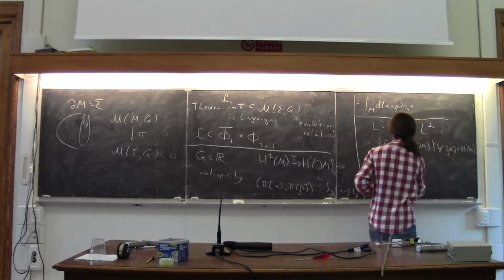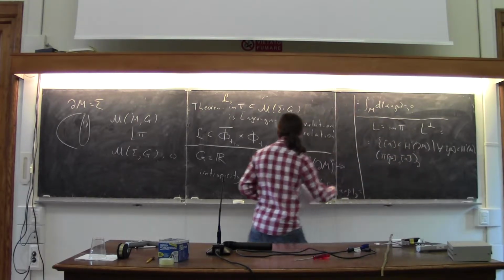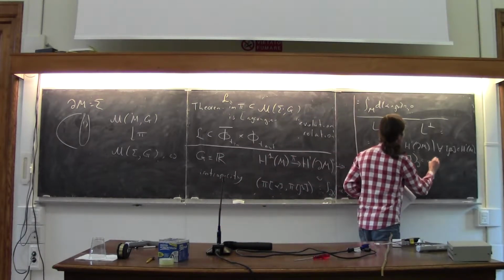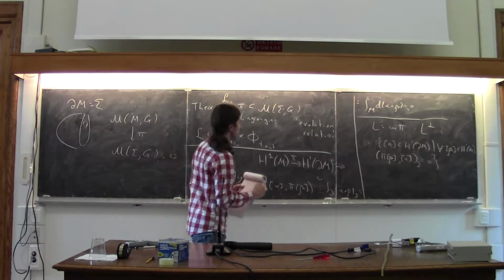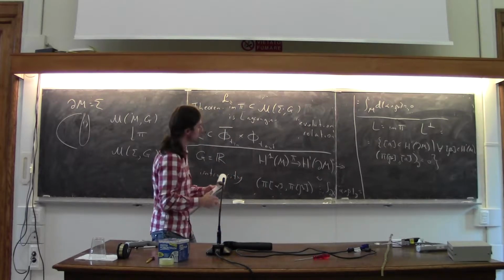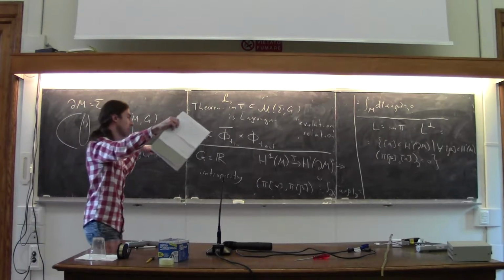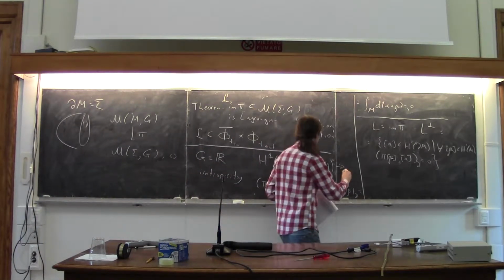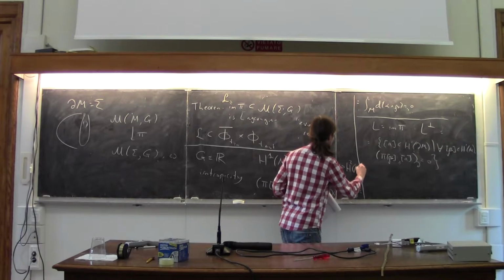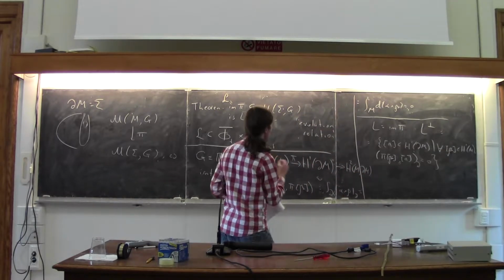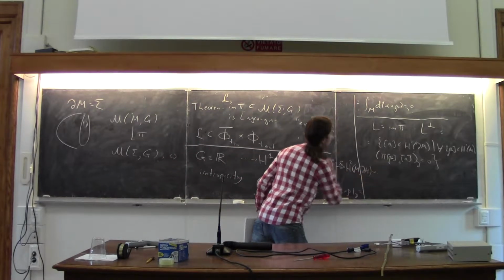This should be 0 for any class beta in the bulk. I should write down the next term of this. This map is a part of the long exact sequence of the pair, homology of the pair M and its boundary. The next term would be H2 of the relative homology. Let me call this map delta, in this long exact sequence.